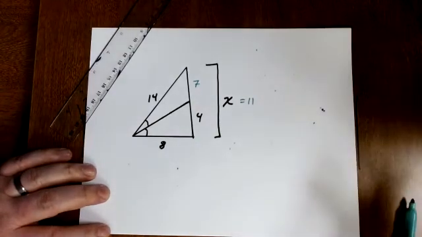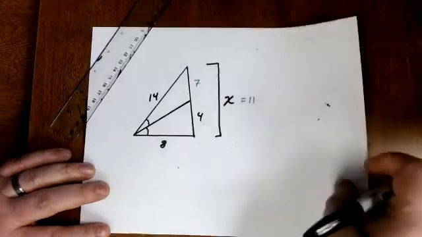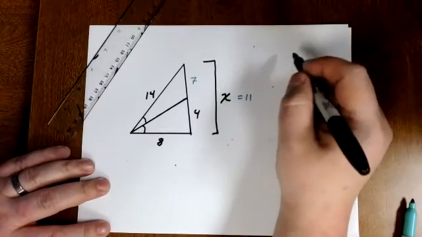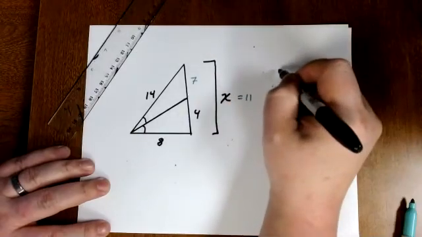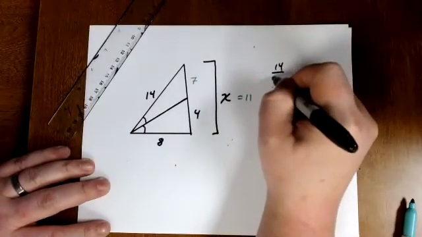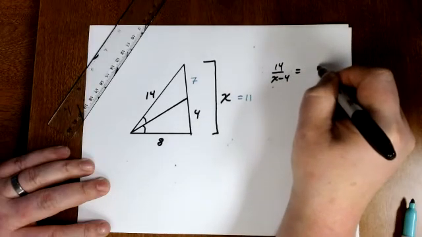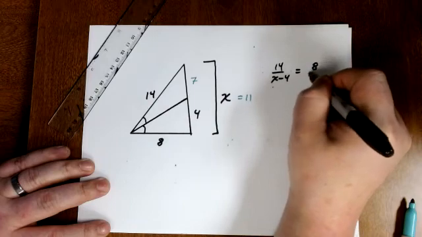Okay. Now, let's say you didn't do that. You would have come up with this instead. This is 14 all over x minus 4 is equal to 8 over 4.